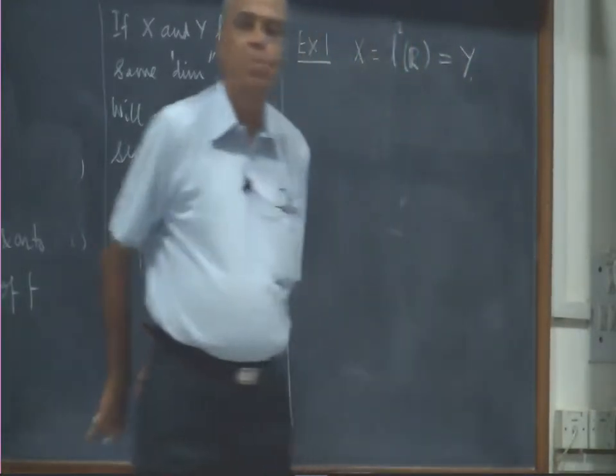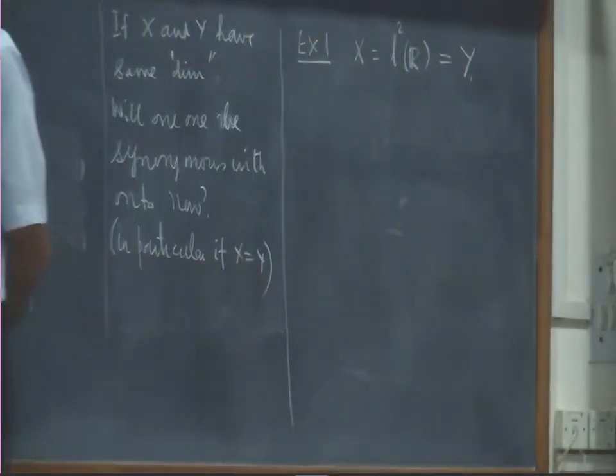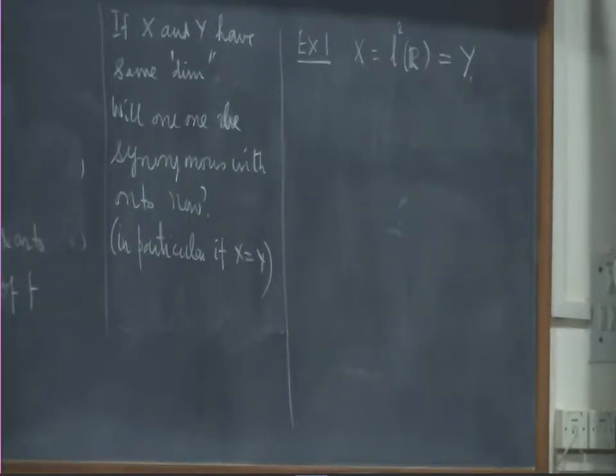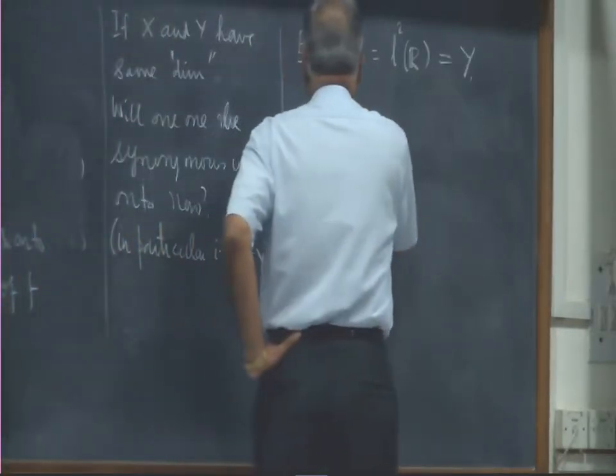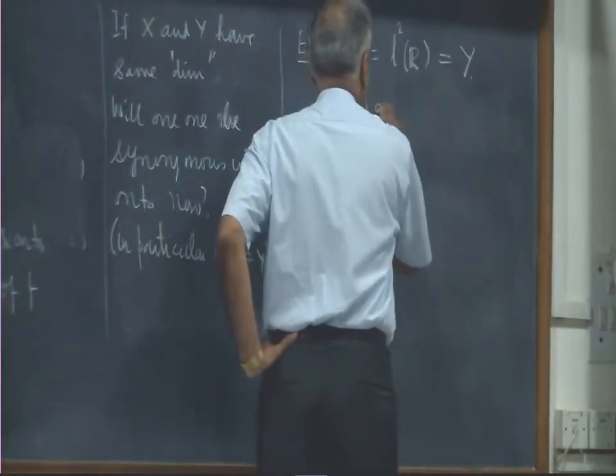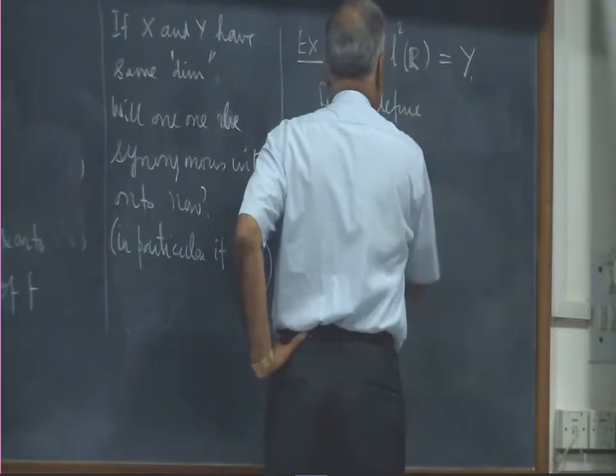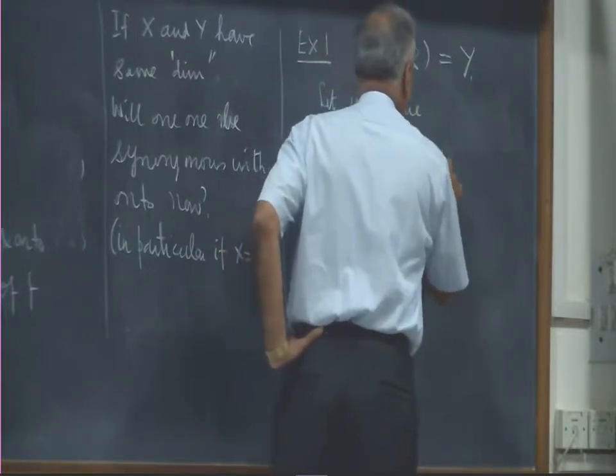This is obviously an infinite dimensional space, because 1 0 0 0, 0 1 0 0 0, 0 0 1 are all linearly independent vectors. So this is an infinite dimensional space, and now let's define f mapping x to x as follows.